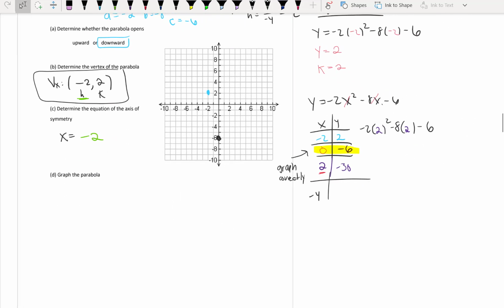So I can keep plugging into my equation. And that value that I want to plug in now is -4. So if I have -2 times (-4) squared minus 8 times -4 minus 6, that gives me -6.